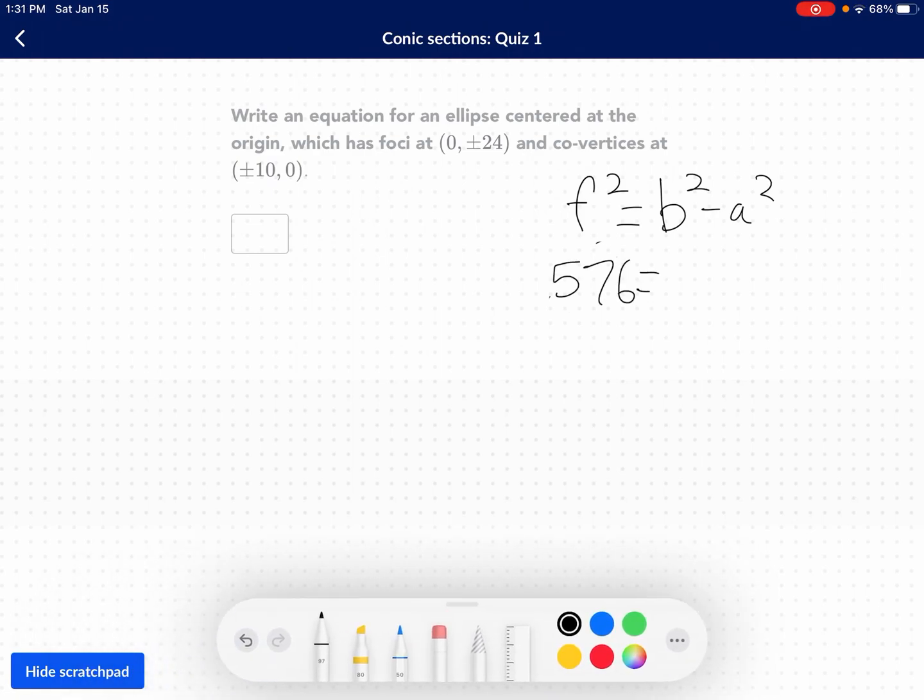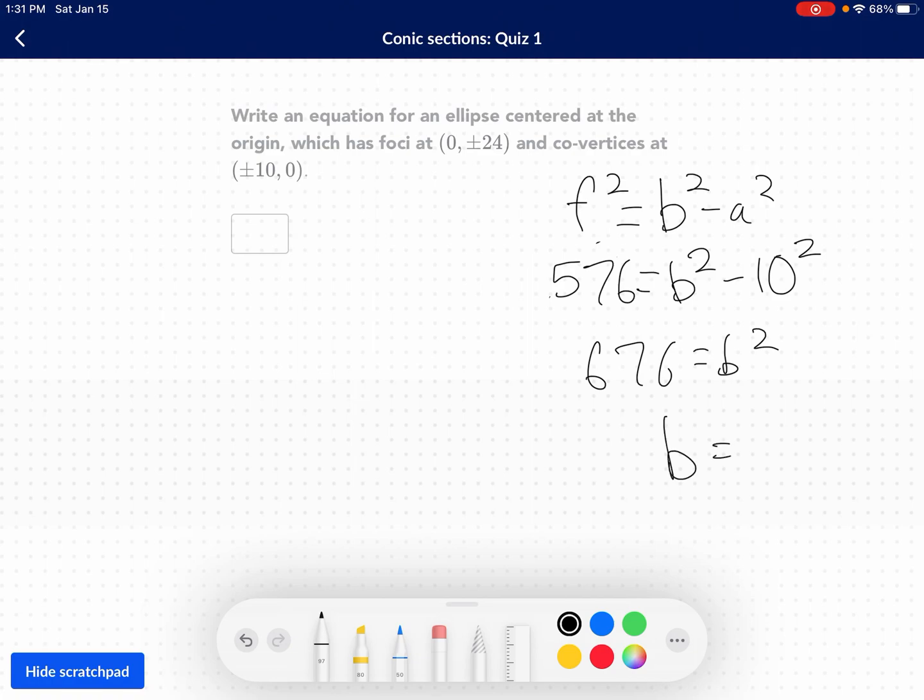576 equals, and we don't know, we're trying to find b because this is a squared. Those are the co-vertices. So minus 10 squared is 100 on both sides. 676 equals b squared. The root of 676 is 26.